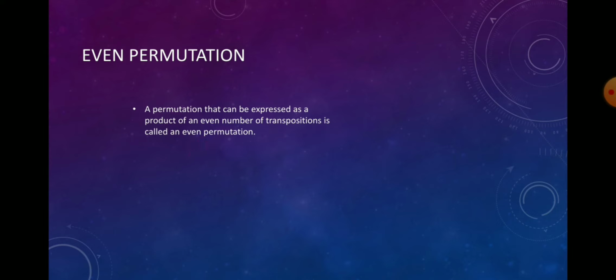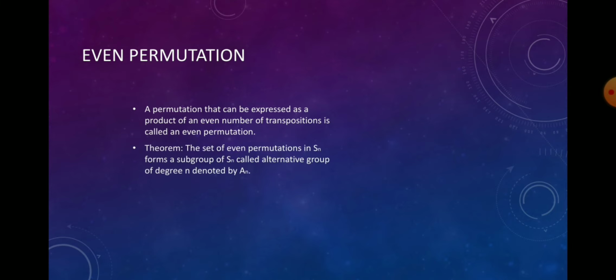A few important and interesting theorems about even permutations: the set of all even permutations of Sn forms a subgroup of Sn that is called the alternating group of degree n, denoted by An. So our example is A4 that we are going to study. That is nothing but the alternating group of degree 4, the set of all even permutations in the group S4.